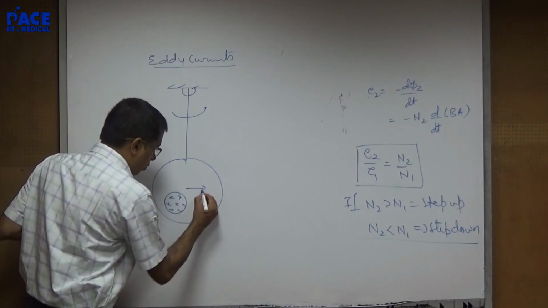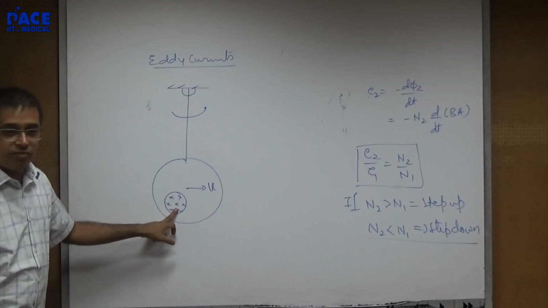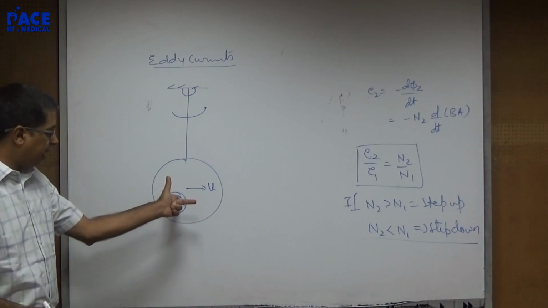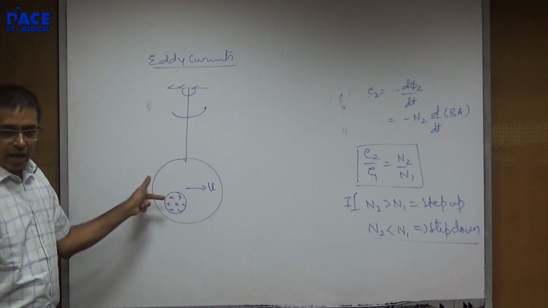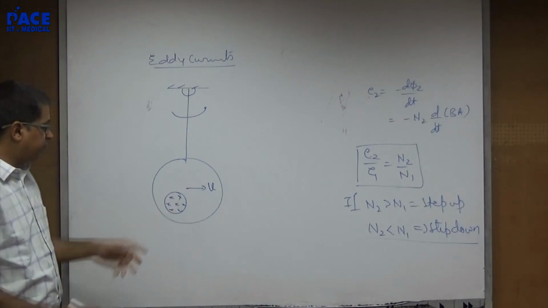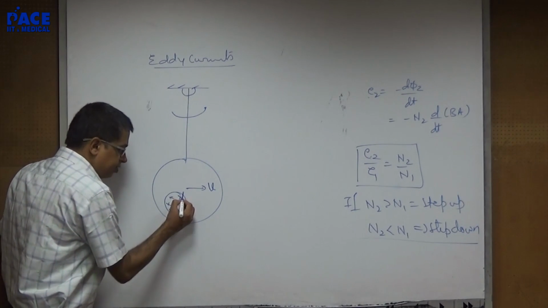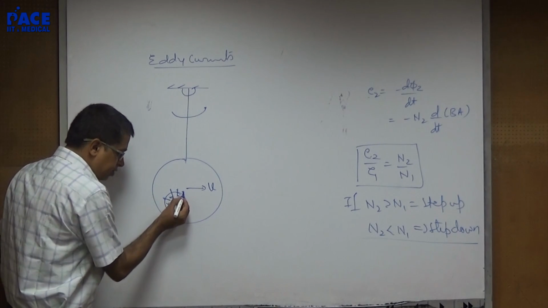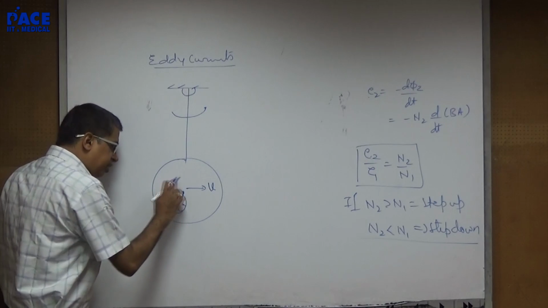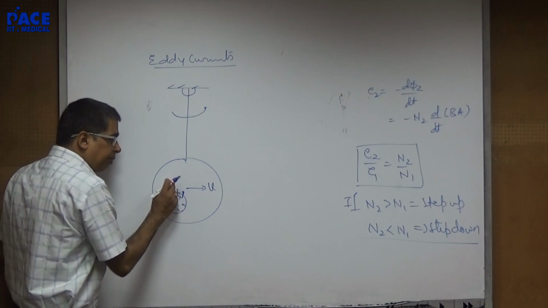If this is moving in this direction, velocity, the force on the positive charge in this region, FBI, will be upwards. Right? As this is moving this way, the particles here will start moving upwards. But here the density of the already existing positive charge will not permit the movement.